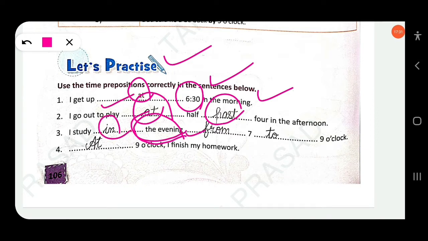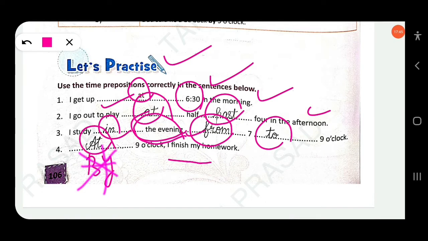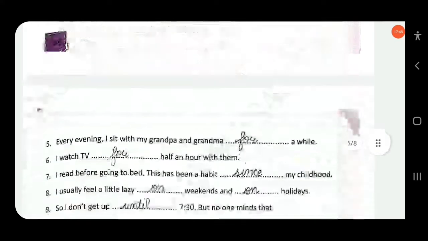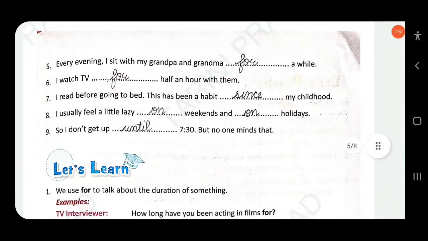I study in the evening from 7 to 9 o'clock. Then next, at 9 o'clock, I finish my homework. Then every evening, I sit with my grandpa and grandma for a while. For a while means for some time.